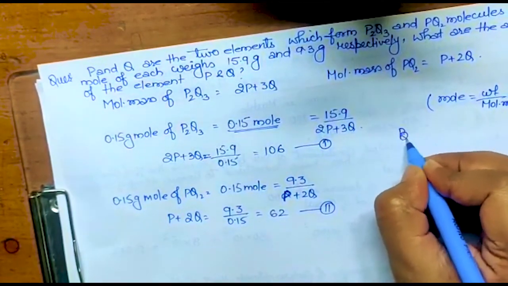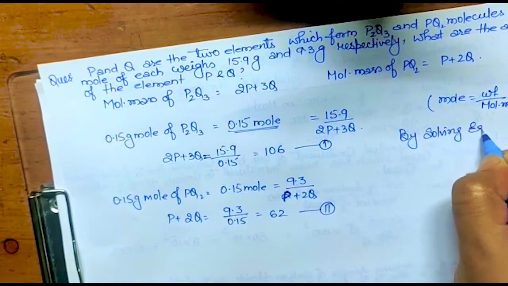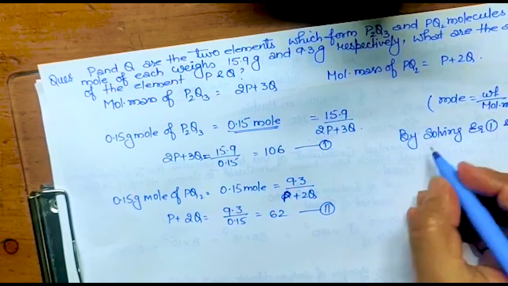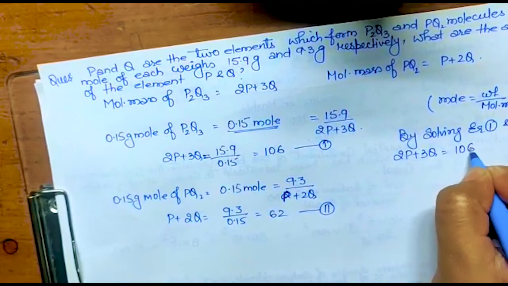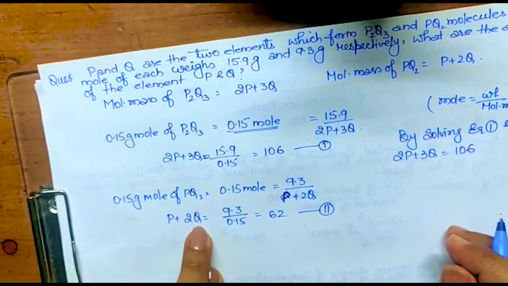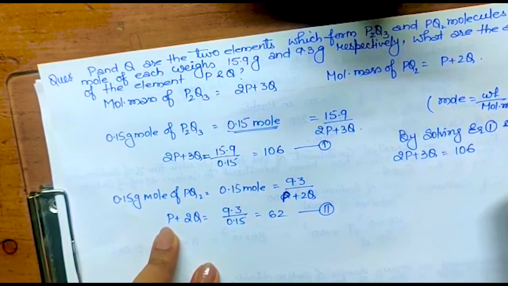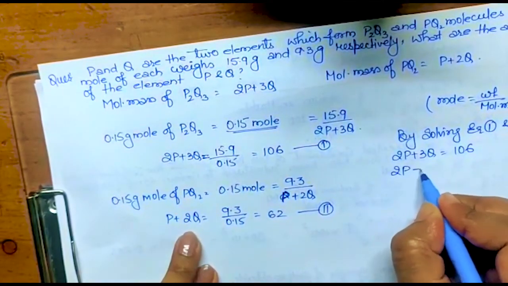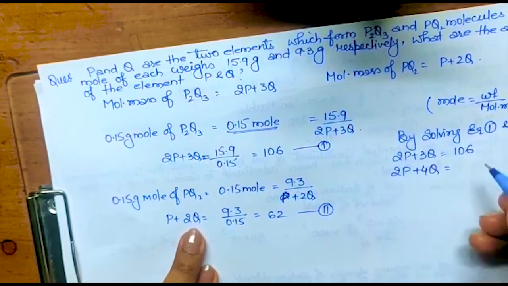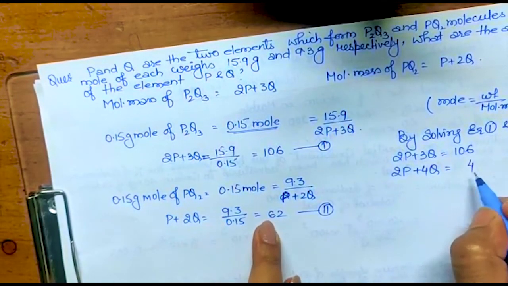Now by solving equation 1 and equation 2: 2P plus 3Q is equal to 106 and this is P plus 2Q. Okay, so we have to make one of them the same. So multiplying equation 2 by 2, this is 2P plus 4Q is equal to what will it be? 2 2s are 4 and 2 6s are 12.